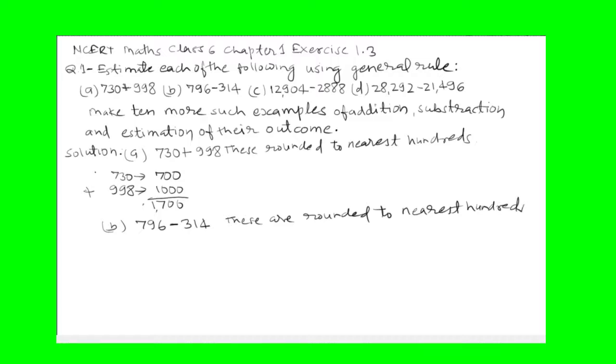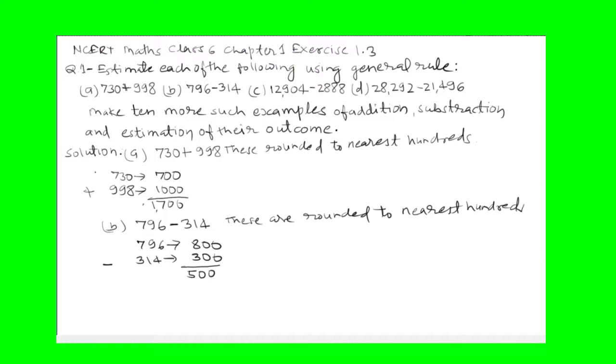So 796 becomes 800 and 314 is rounded to 300. So on subtraction we get 500, which is our answer.